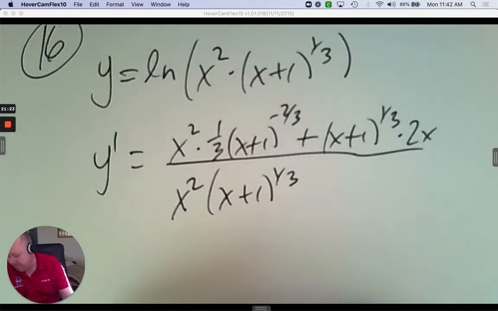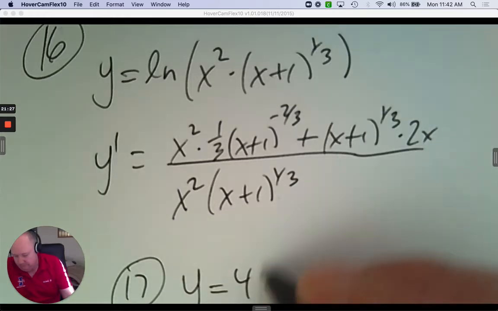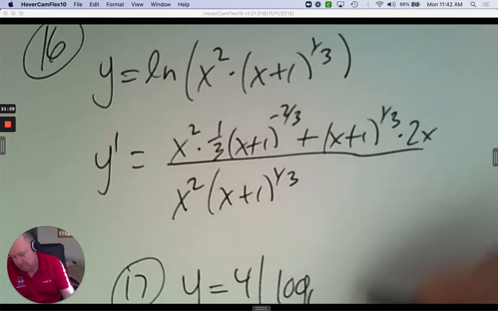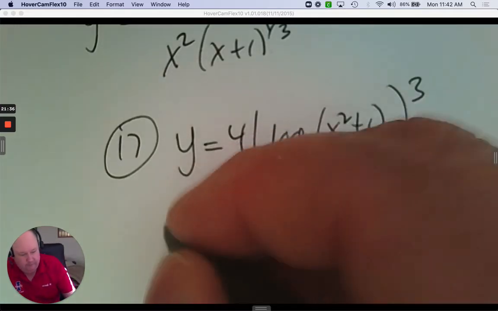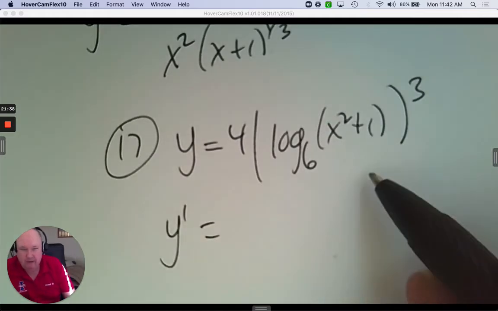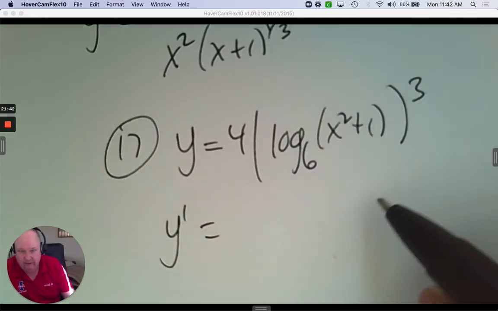17. There's no property here because that 3 is on the outside of the logarithm, not inside the logarithm, that exponent.